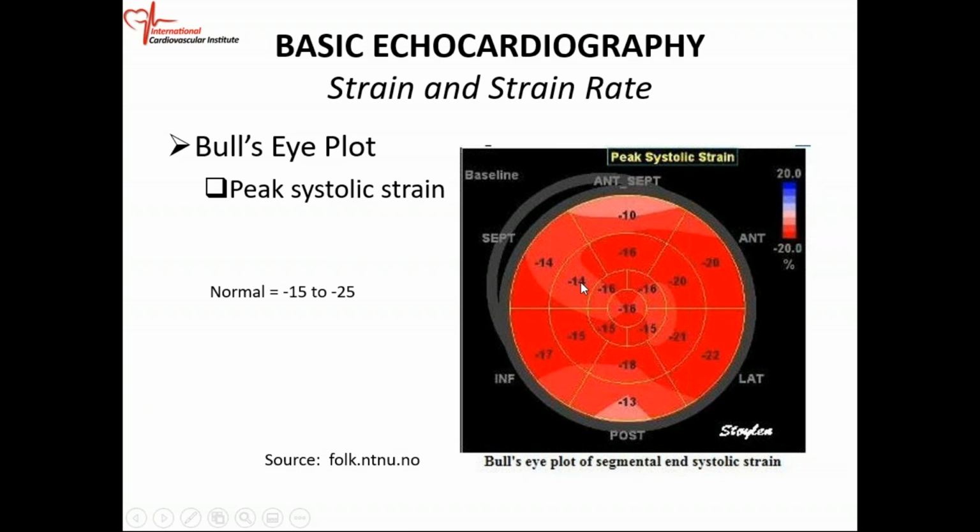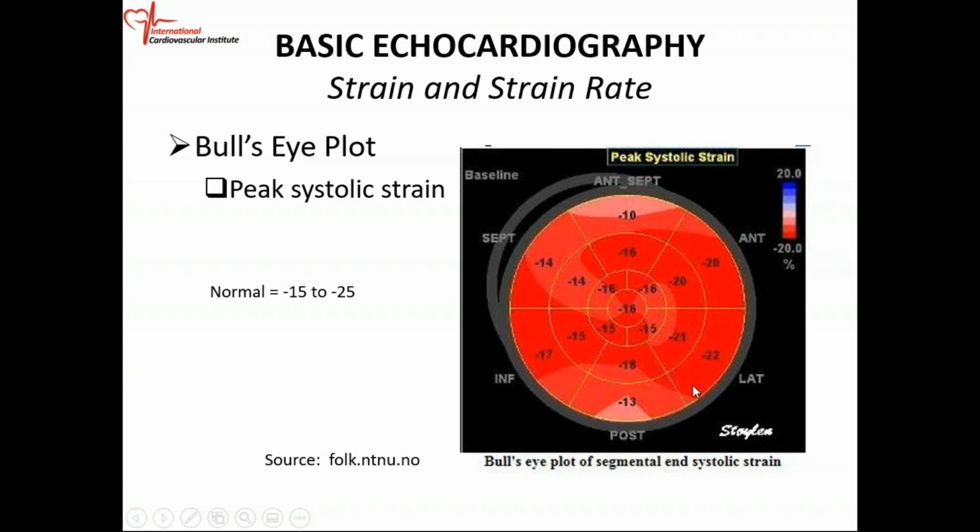So not only do you get a number, but even if you don't see the number clearly, you can see the color. And again, bright red is normal, pink is abnormal. And then when you get to the base, the anterior wall, pink and even lighter pink, this is minus 10. So this is very abnormal. Okay.